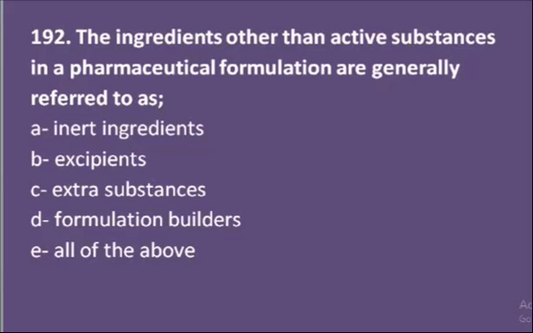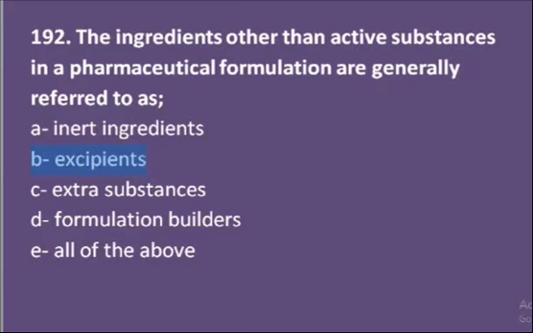So actually the MCQ asks about the ingredients that are other than the active substances in a pharmaceutical formulation, what they are referred to as generally. So actually they are mostly referred to as excipients.